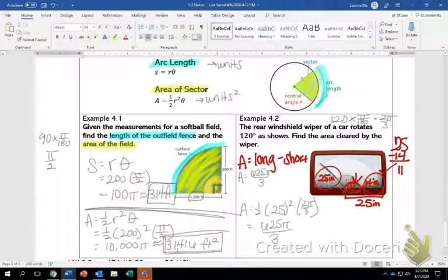And now I'm going to do the same thing again with my shorter side, or my empty space, okay? This leaves my 14 inches there, okay? So I'm going to say 1/2 times 11 squared times 2 pi over 3. And if I do that, I'm going to end up with 121 pi over 3. So I'm going to take this 121 pi over 3, and I'm going to subtract it in my calculator.